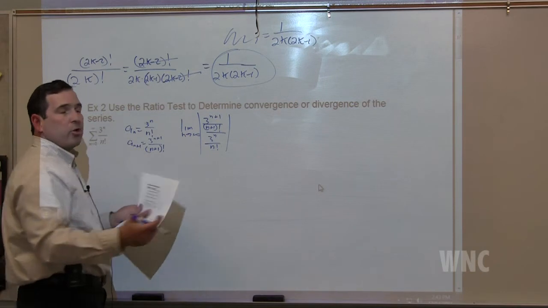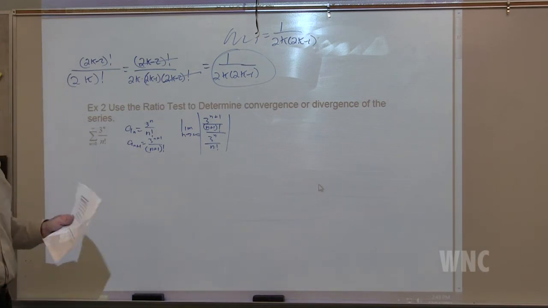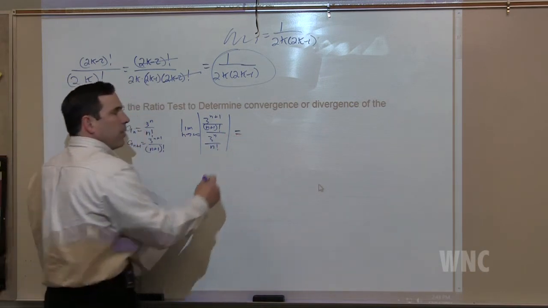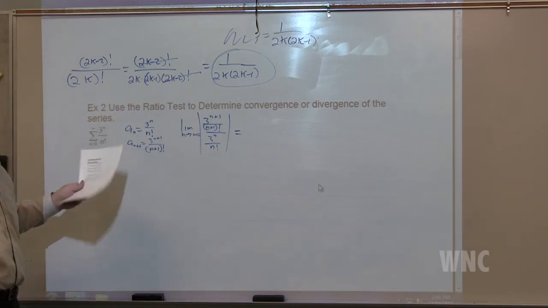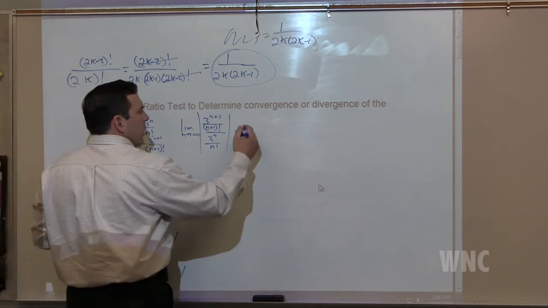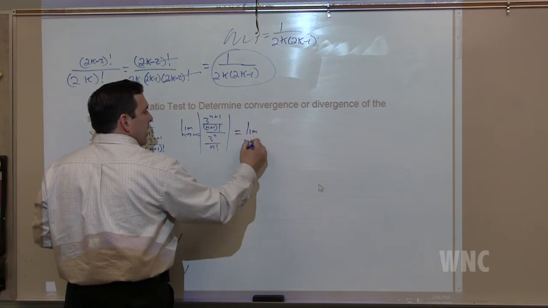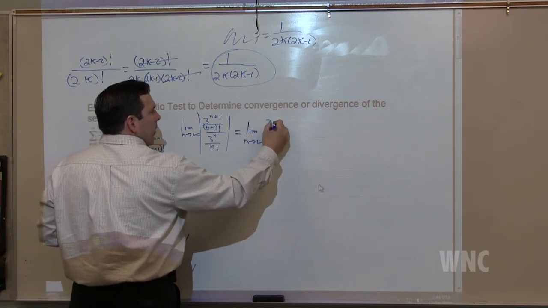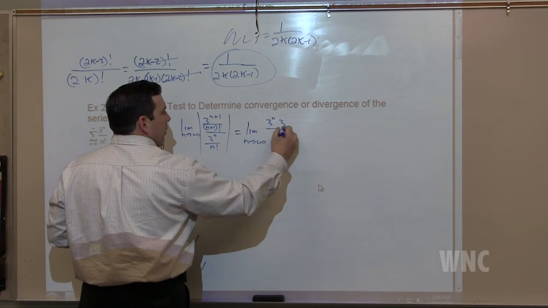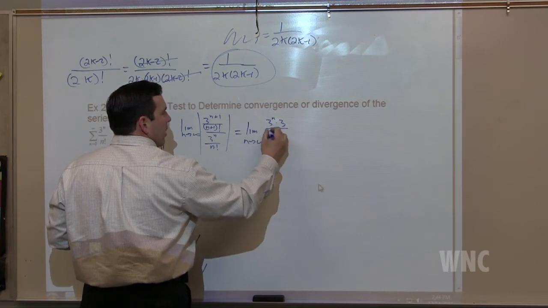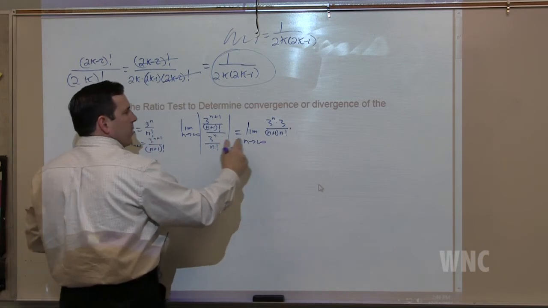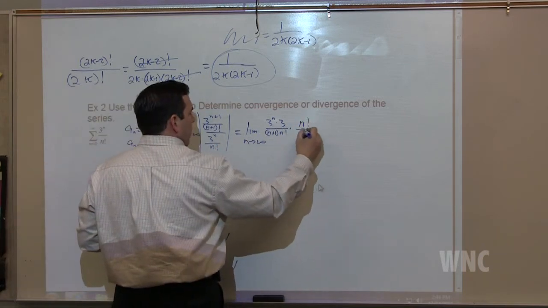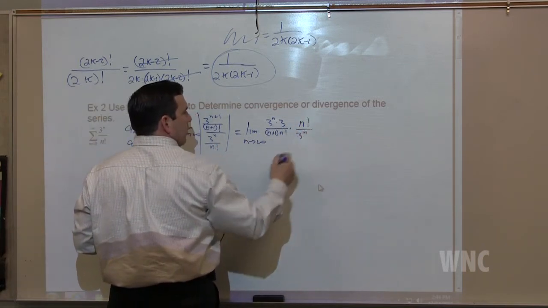You could drop it if it's clear that nothing's going to go negative. The nice thing is you can get rid of negative 1 to the n if you have an alternating series. So we have the limit as n goes to infinity of 3 to the n times 3 over n plus 1 times n factorial, times the reciprocal, n factorial over 3 to the n.